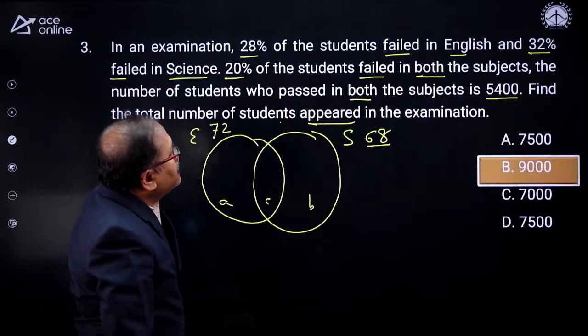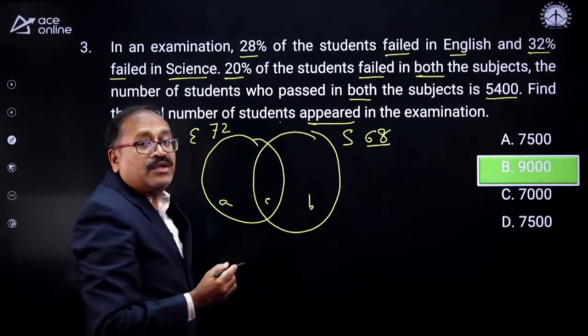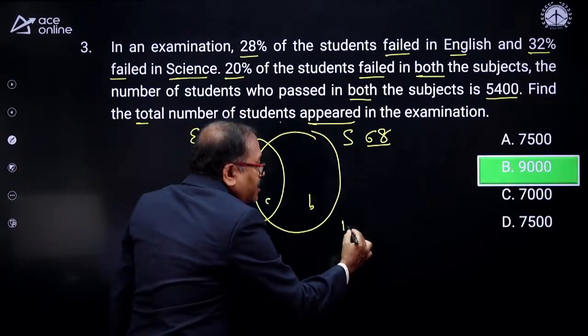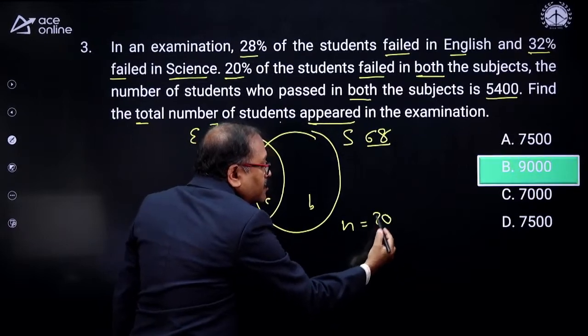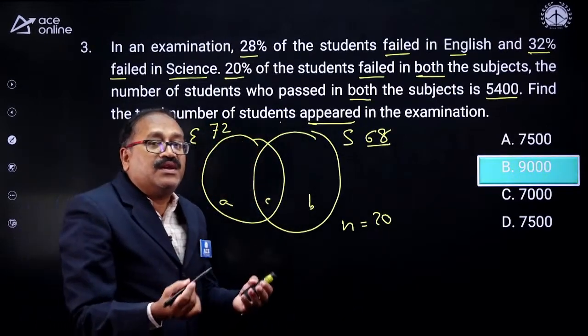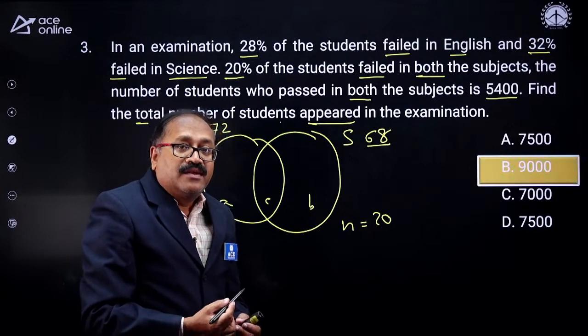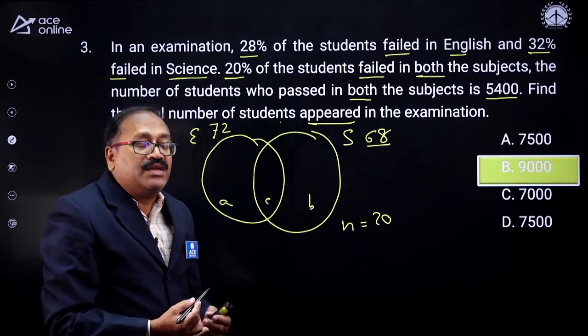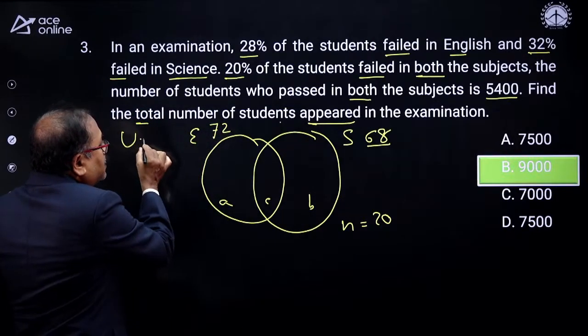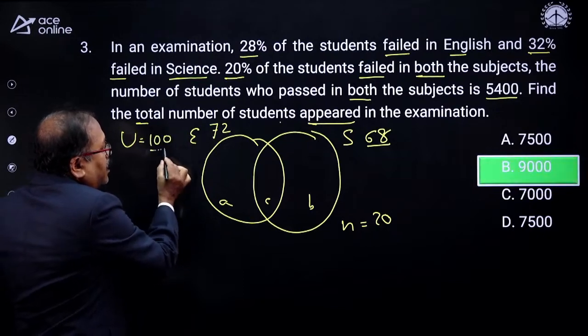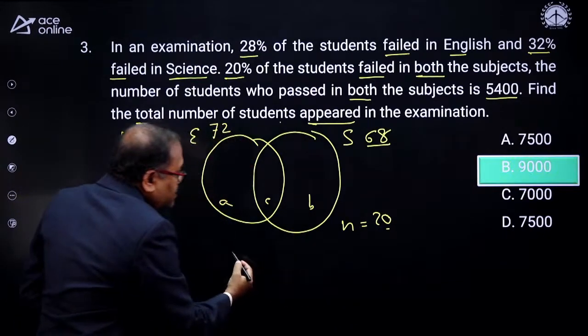It is said that 20% failed in both. That means here your N is 20. So what is N of A union B? N of A union B is equal to the universal set in percentage, which is 100, and 100 minus 20 is 80.